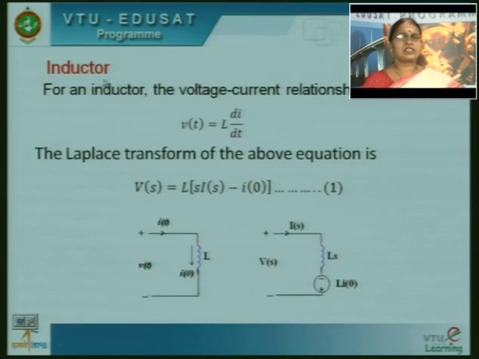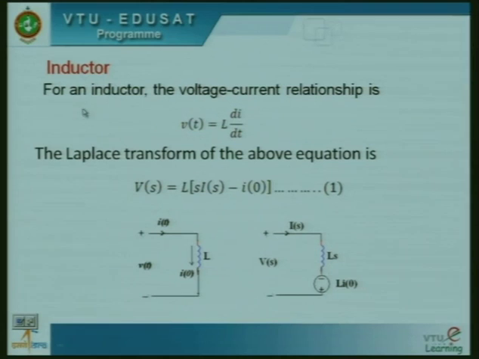Now, let us consider an inductor. For an inductor, we know the relationship between voltage and current: the voltage drop across the inductor V of t is given by L into di by dt.